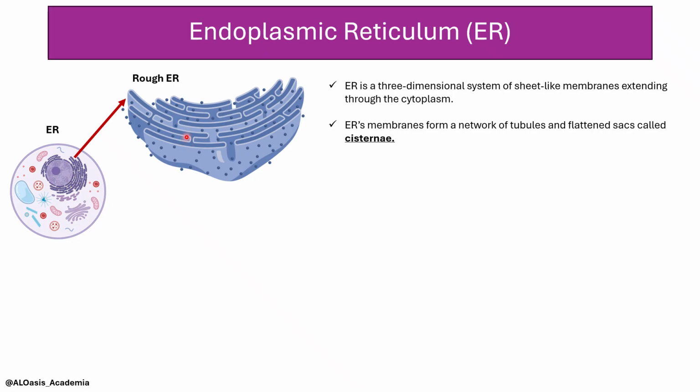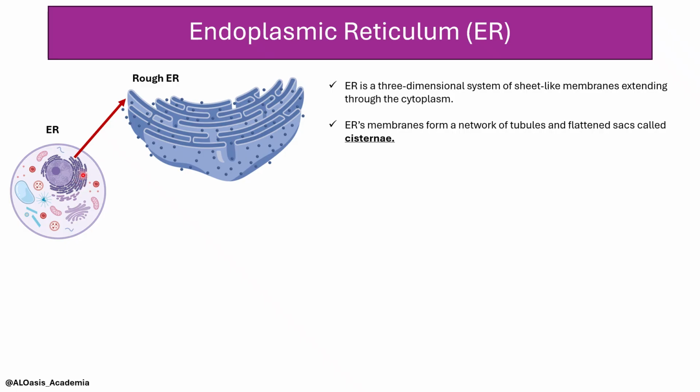So ER, as we can see, has a three-dimensional system, okay, of sheet-like membranes. So we can see the membrane of the ER. They are very similar to sheets, and they are in a three-dimensional way. Okay, and they extend through the cytoplasm, as we can see there.